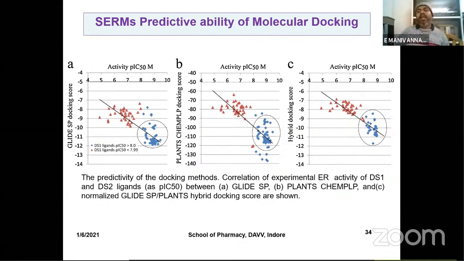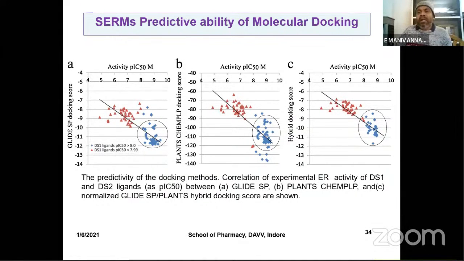In the original screening, we should not miss any active ligands from the chemical library. That is very important, which is why we hybridized both scoring functions. The disadvantage of the Glide SP approach is that we miss a few active ligands. The disadvantage of PLANTS ChemPLP is that we recognize some inactive ligands as active.